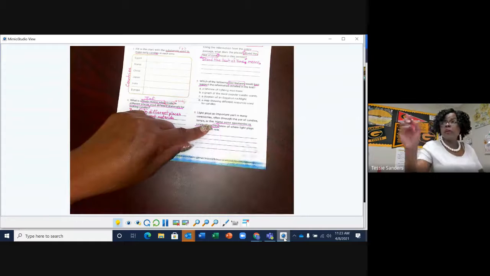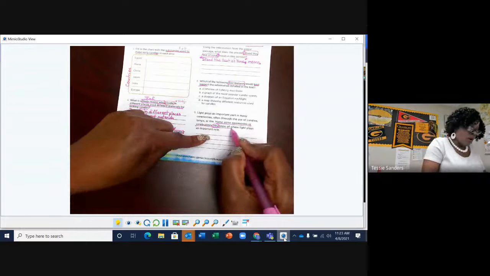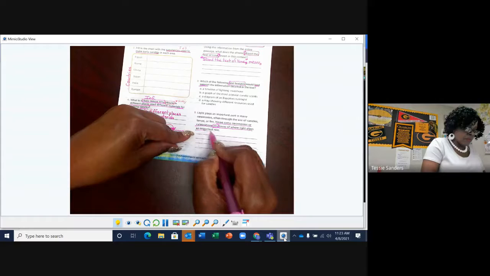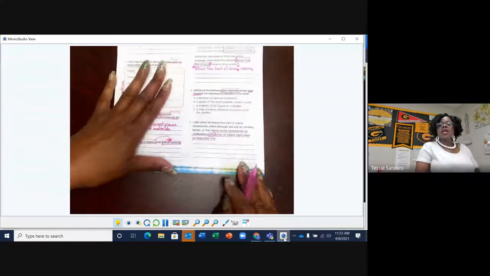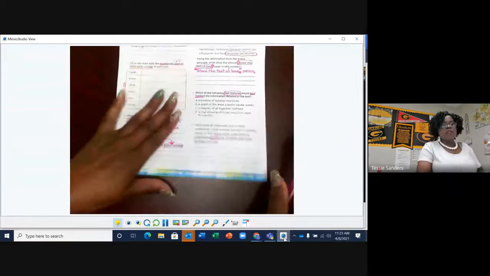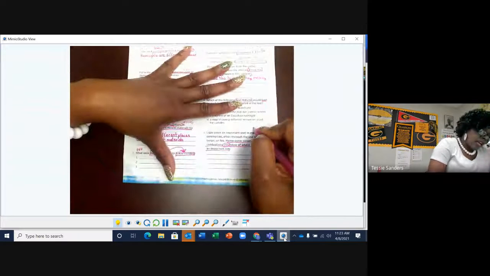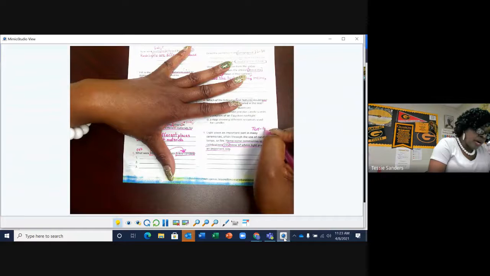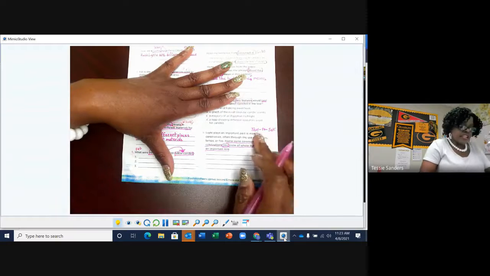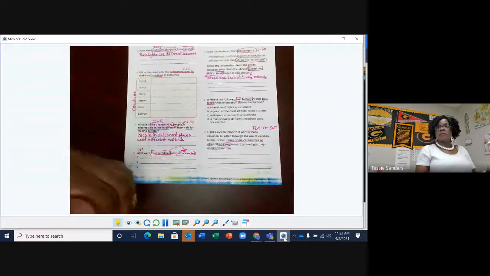You, the reader, know of where light plays an important role. So number 9 means it's personal. This is a text-to-self question.